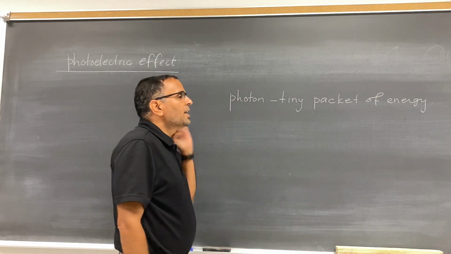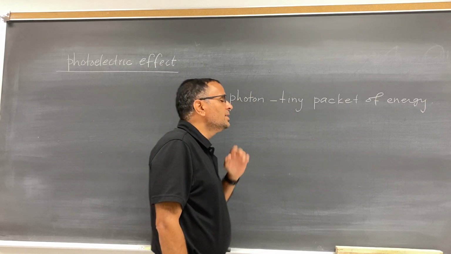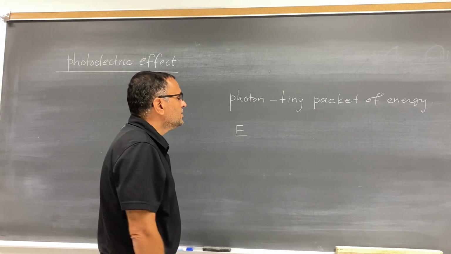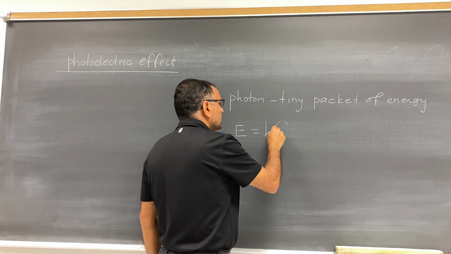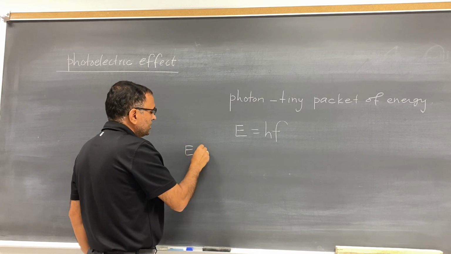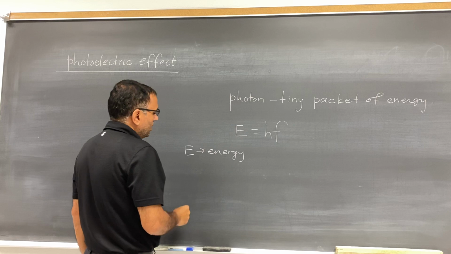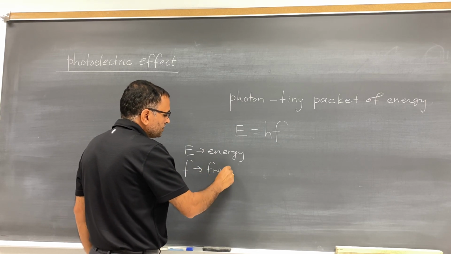It is light particles, and it is the tiny packet of energy, and it has an energy E. This is equal to H times F. E is the energy. F is the frequency.